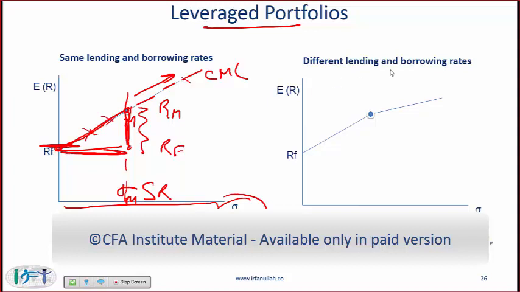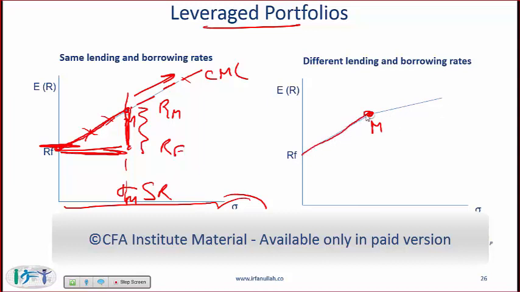The other scenario, which is more practical, is that the borrowing rate is higher than the lending rate, because typically when you lend to the government, then let's say you get the risk-free rate of 10%, but when you borrow, normally you would borrow at a higher rate. Then you have a kink in this curve.